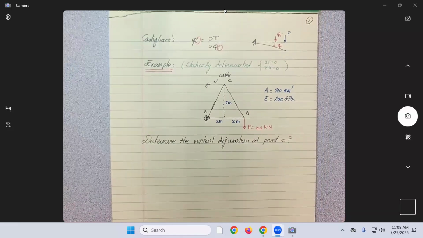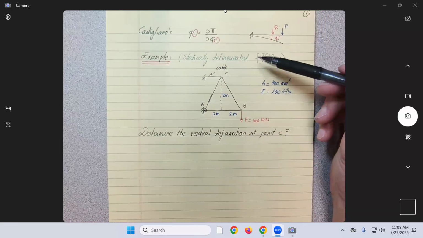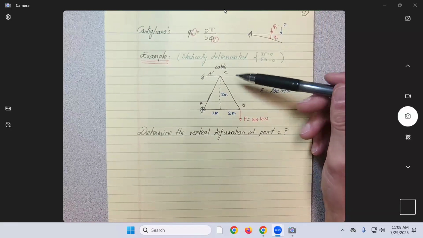This one will be statically determinate, but right away, we need to determine the vertical deformation at point C.